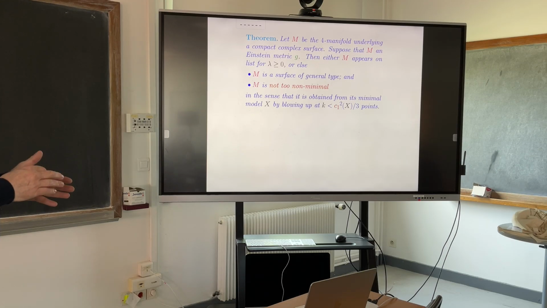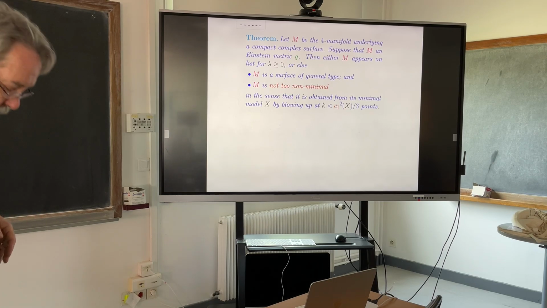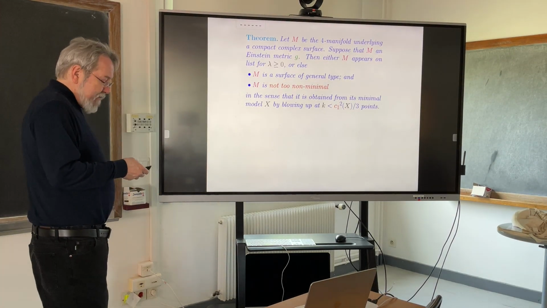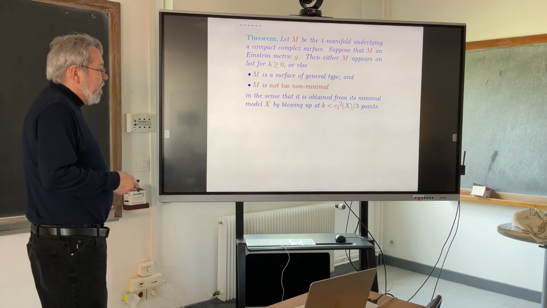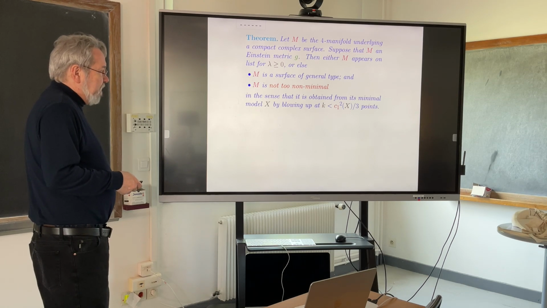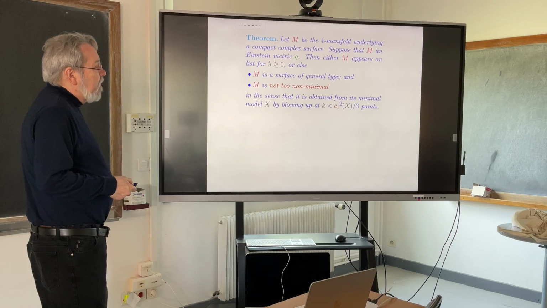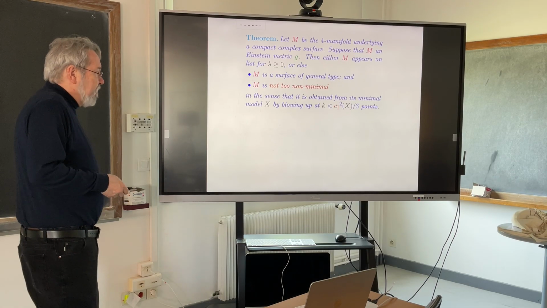The complex surface has to be minimal. It cannot be the blow-up of something. And the gap in our knowledge is that, well, maybe it is non-minimal, but it can't be too non-minimal. You couldn't have blown up too many points. You have to have blown up fewer than C1 squared of the minimal model divided by 3.